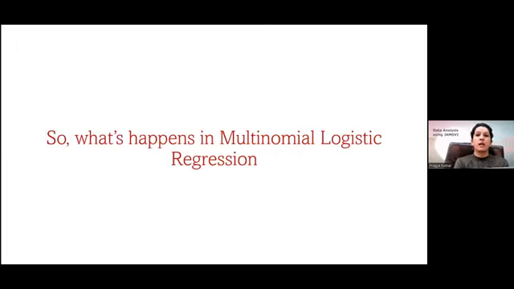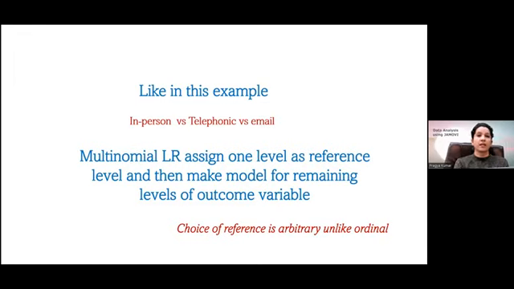So what happens in multinomial logistic regression? In this example, there are three options: in-person follow-up versus telephonic versus email follow-up. So there are three levels. Multinomial logistic regression assigns one level as reference, and in Jamovi you have seen that you can change the reference level also. It then makes a model for the remaining levels of the outcome variable.